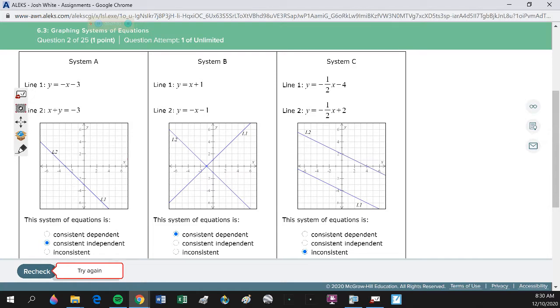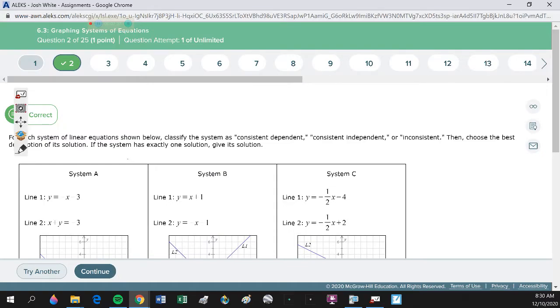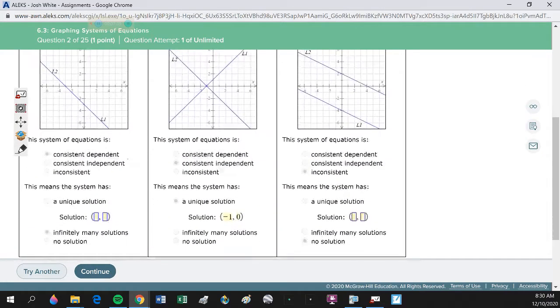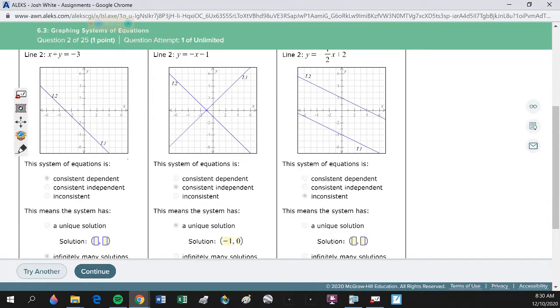Oh, what did I do wrong? Did I get these upside down? Okay. I was wrong. I got them backwards because nobody really uses these. So infinite solutions is consistent dependent. One solution is consistent independent, and no solutions is inconsistent. But once again, not a big deal, but you have to put those in there.